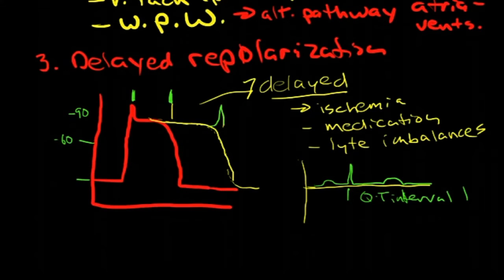So you end up with a repolarization. Now this is what's called an R on T phenomenon, where if you have an R wave that starts here on the T wave, it can trigger a tachycardia.